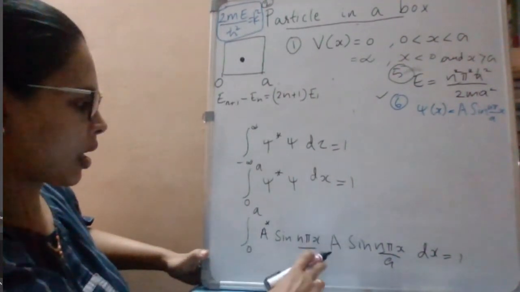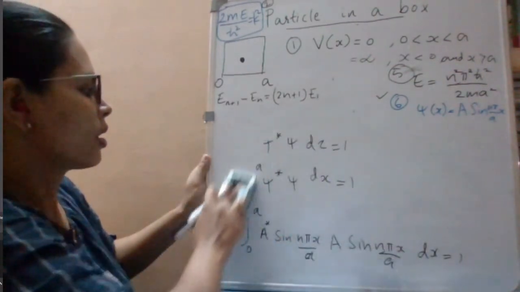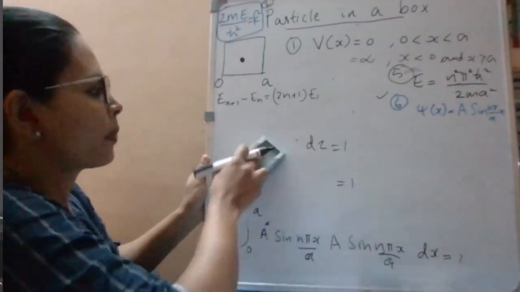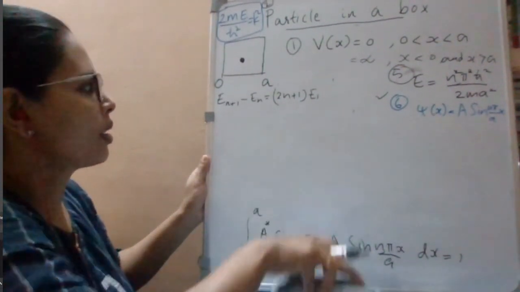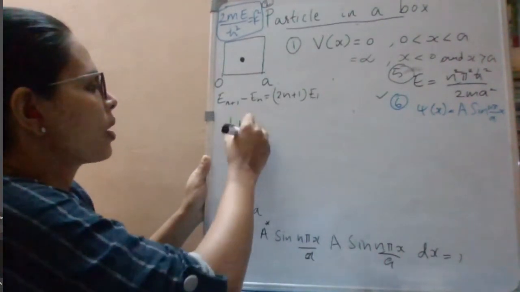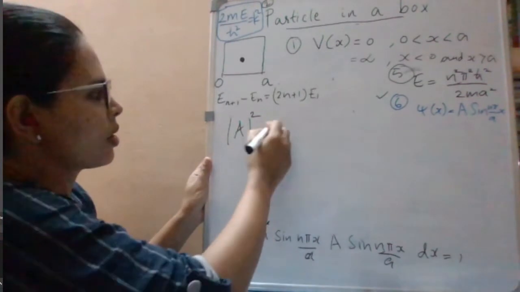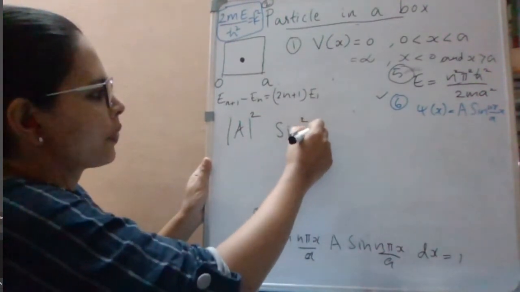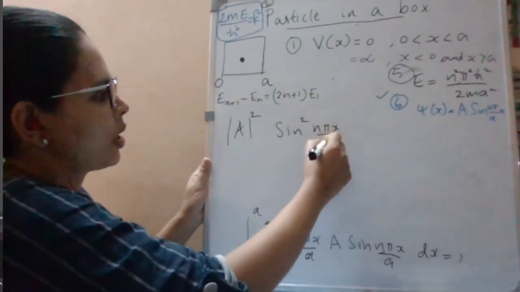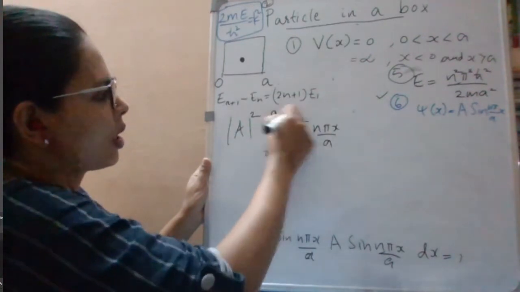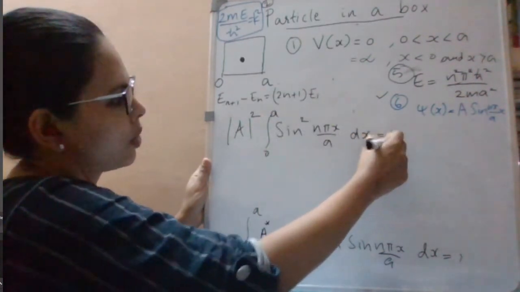You have A star A that can be taken as mod A square. Let us take it outside, mod A square, and you have two sine functions, so sine square n pi x by a, integral 0 to a dx is equal to 1.